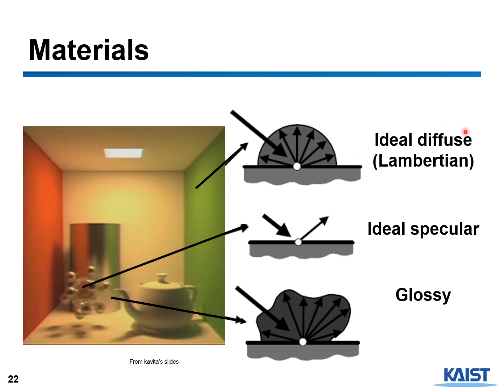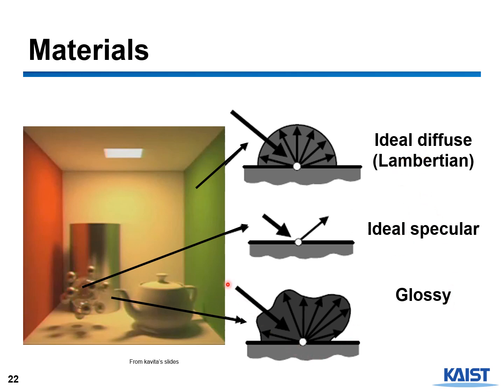So far I talked about diffuse, specular, and glossy. The diffuse material, also known as the Lambertian material, reflects the energy it receives in all possible directions with the same amount of energy. Specular is like a mirror: if we receive this energy, we reflect it in one particular direction. Glossy is in between ideal diffuse and ideal specular.